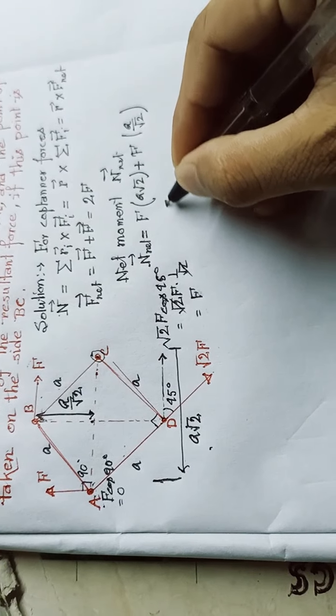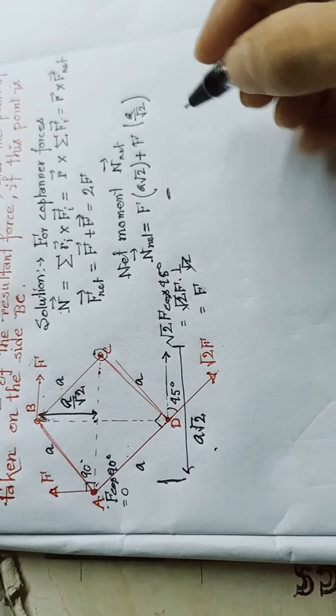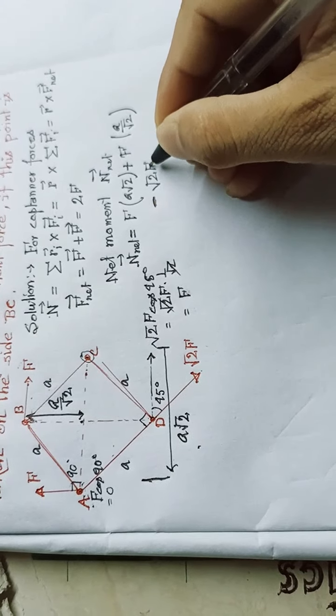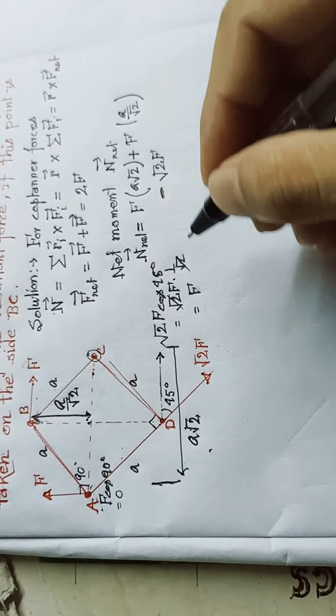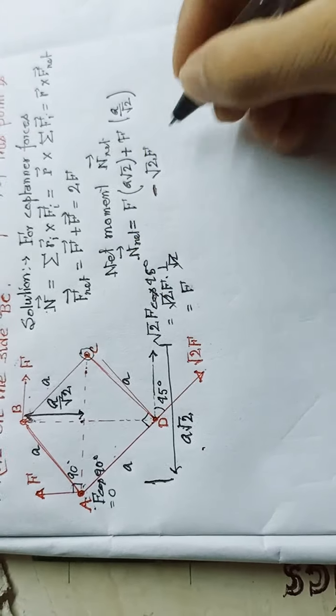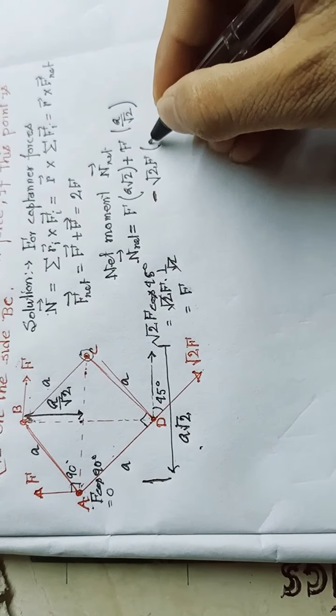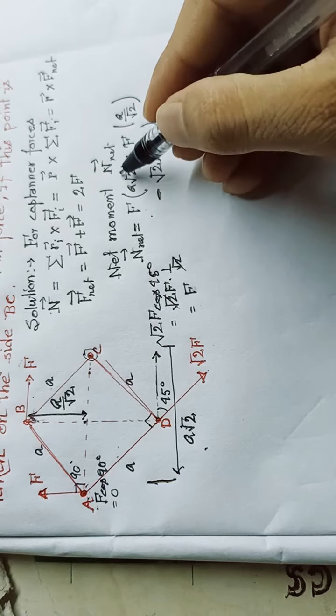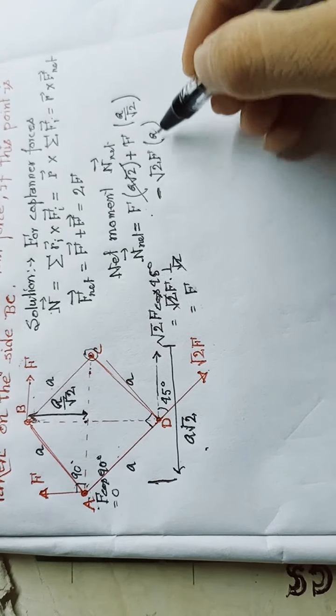So the third one will be negative, so we are taking a negative sign here. Its force is root 2 F, and its corresponding arm length is equal to A, because this is directly perpendicular. So root 2 F into A. Now we see that this is root 2 FA, this is again root 2 FA.